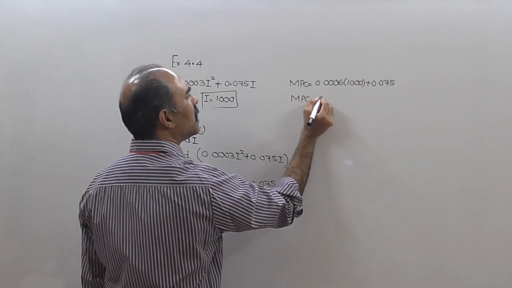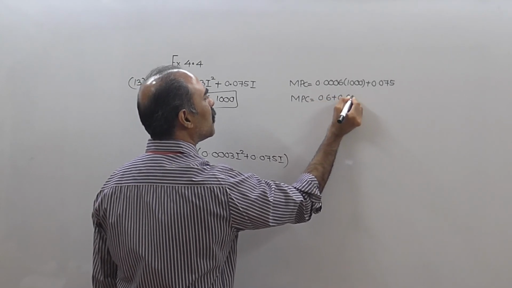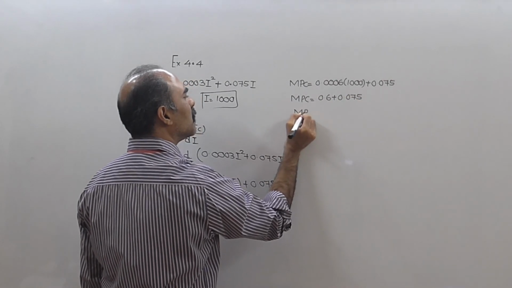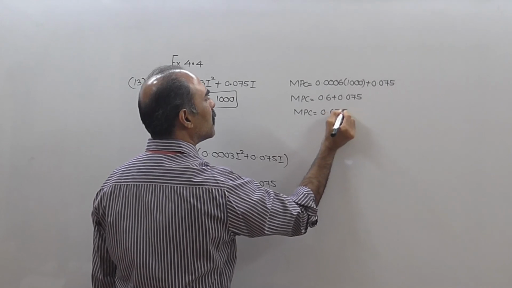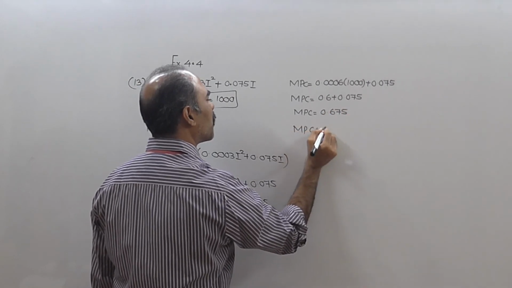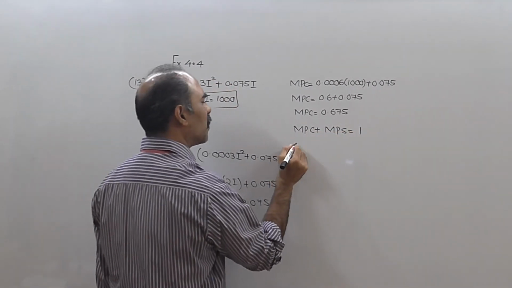So MPC equals 0.6 plus 0.075, which gives MPC equal to 0.675. Then there is a formula: marginal propensity to consume plus marginal propensity to save equals 1.